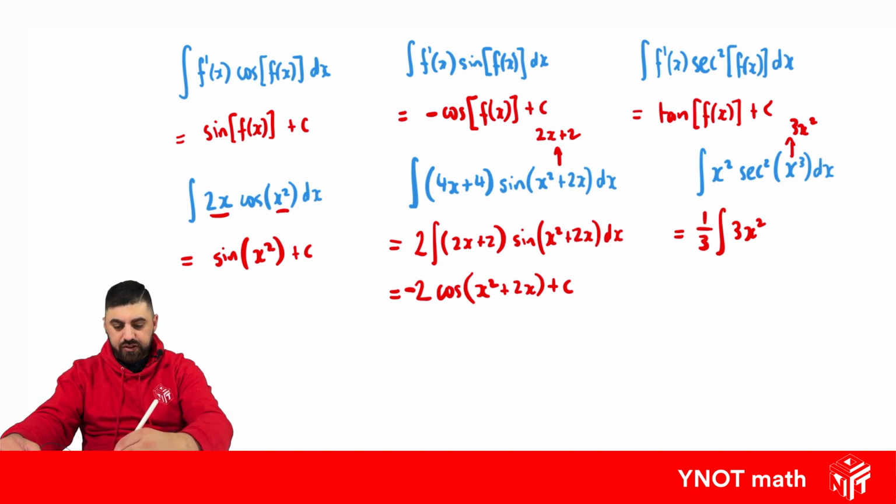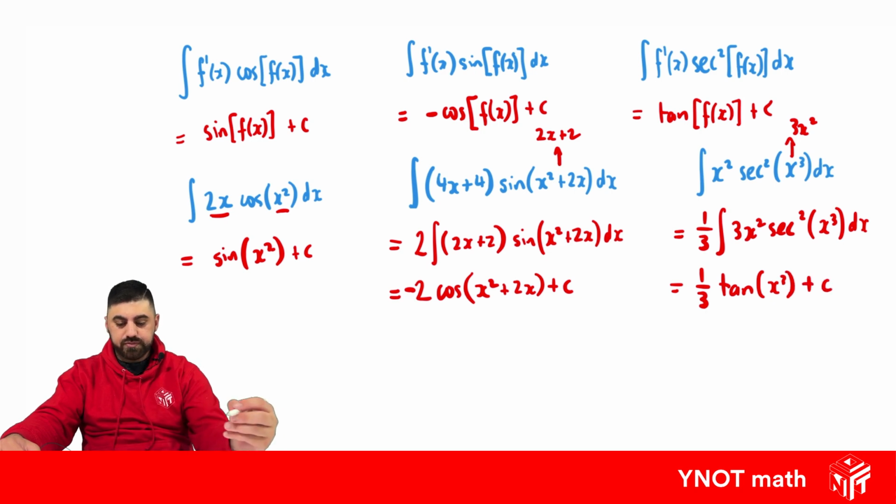So we'll multiply everything by a third. So the third and the 3 will simplify to 1, so we haven't changed the question. And we get sec squared of x cubed dx. And now we have the derivative of our function multiplied by our trig function. So now we've got the third outside the front, and we know that the integral of this is going to be tan of our function, which is x cubed, and we add our constant.